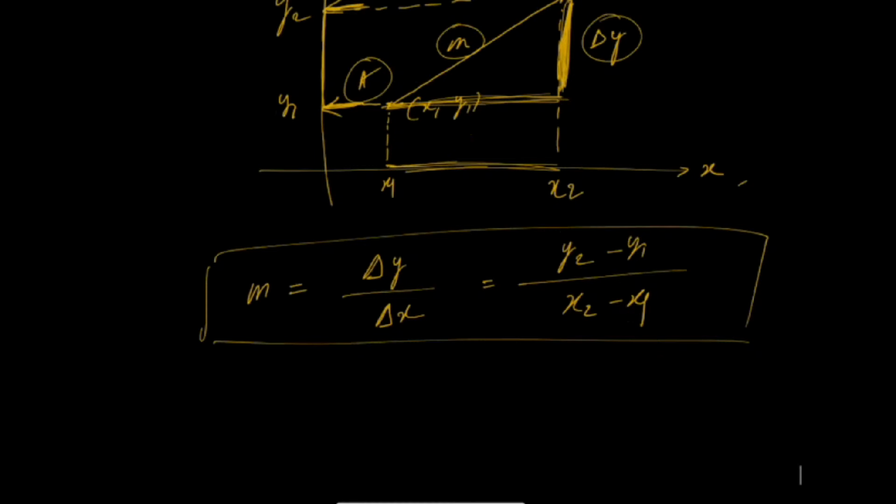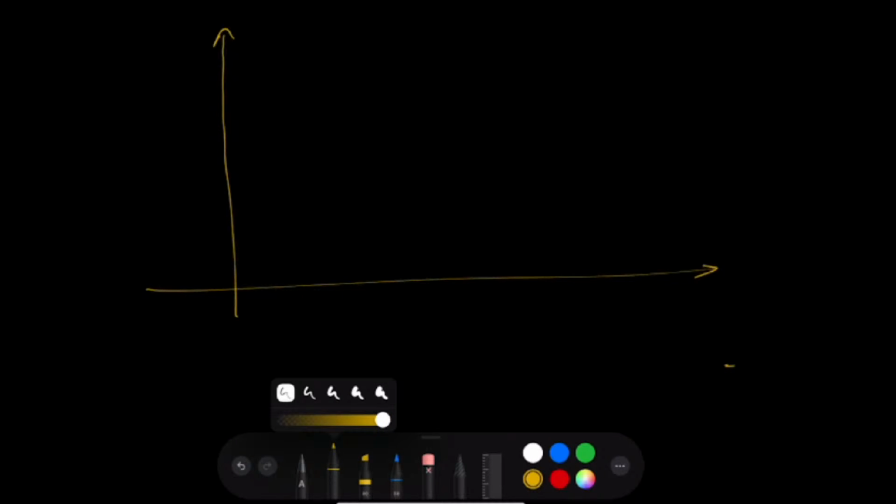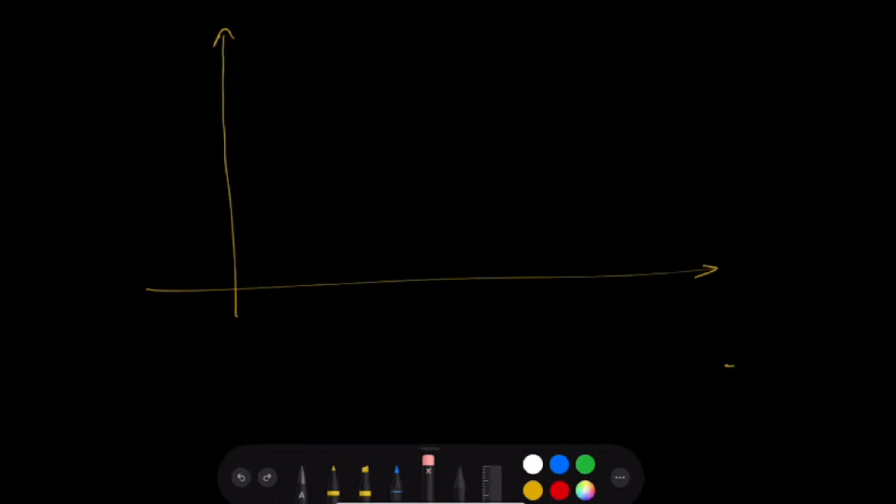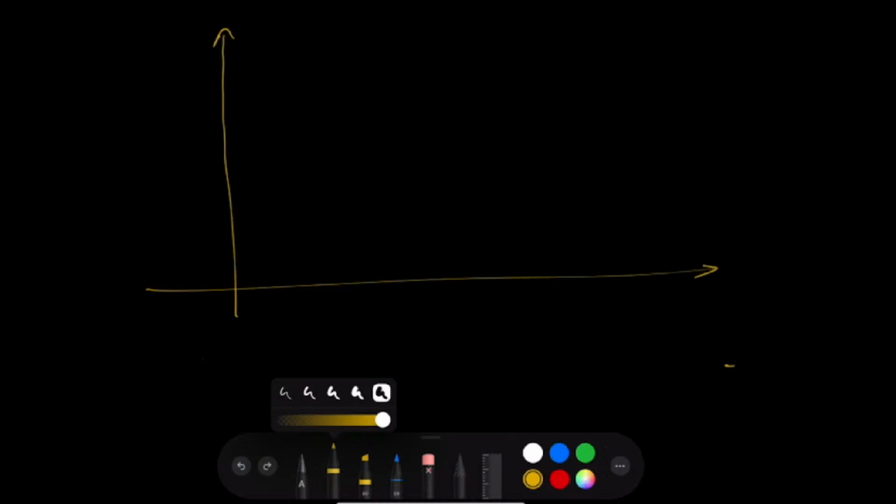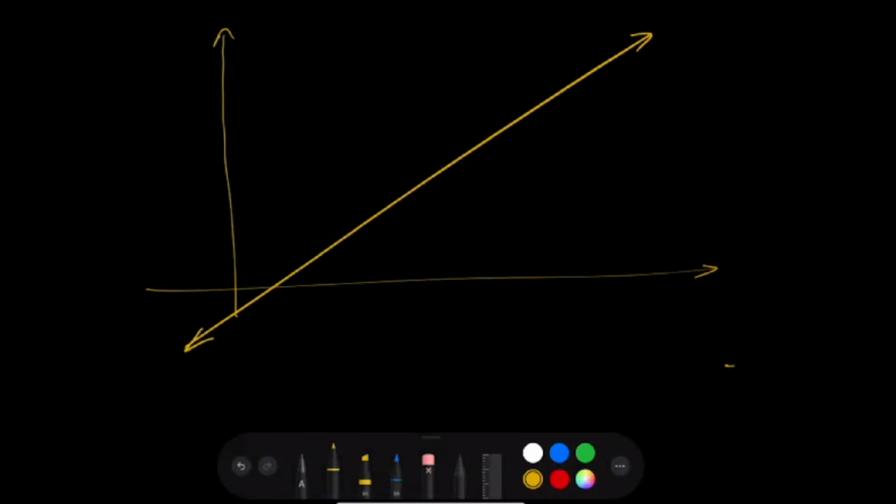Now, one more thing we learned about slope was this. If you have a Cartesian plane and any straight line, what was the fact about straight lines or linear equations?